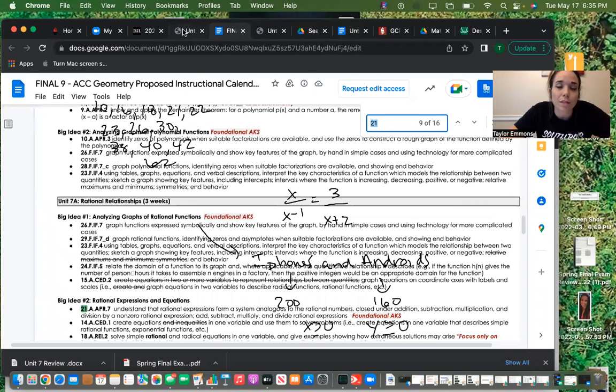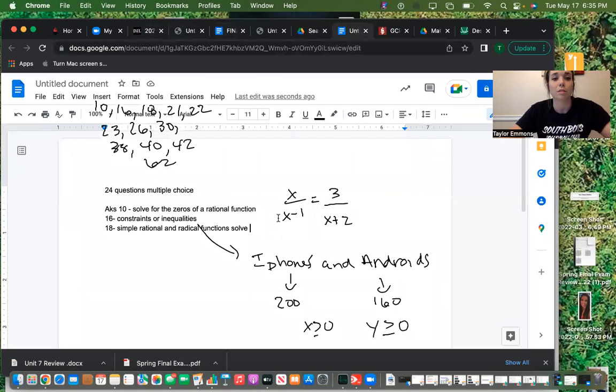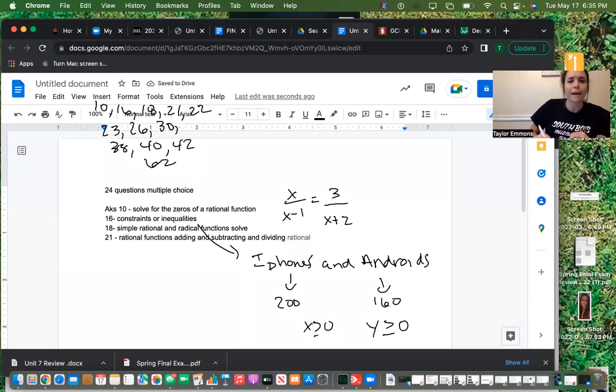Okay, 21 is going to be about rational functions and adding, subtracting, and dividing. And again, y'all were pretty good. I was actually pleasantly surprised at how good y'all were at that.